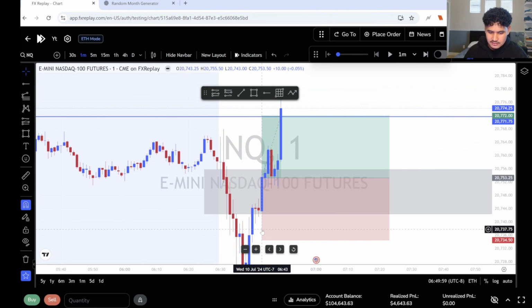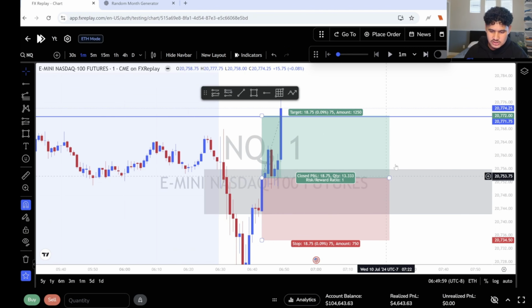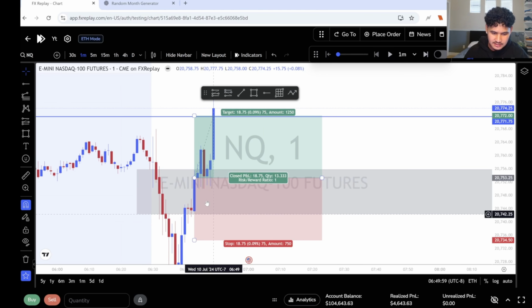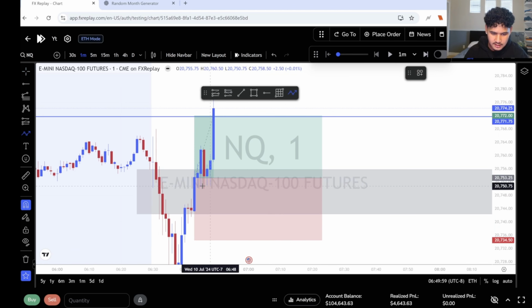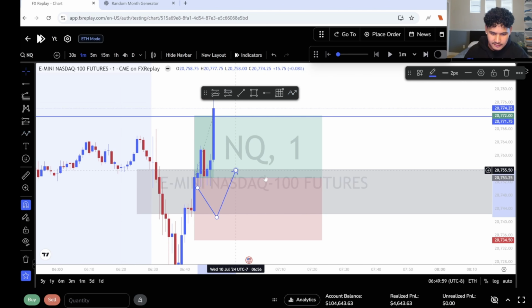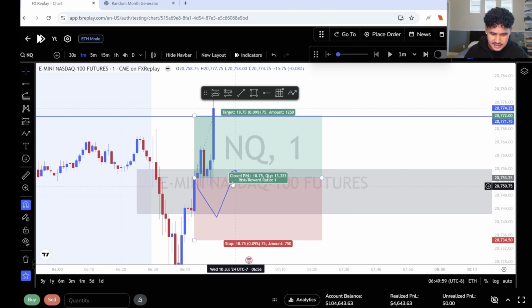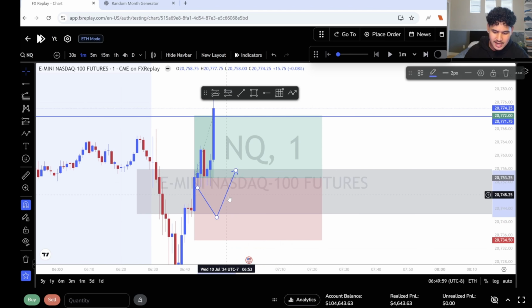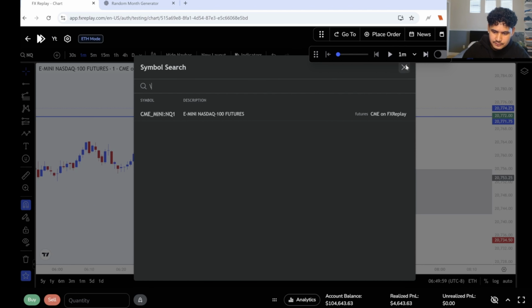And the reason my stop loss is a little bit bigger is just because we really didn't get a retrace like this, something like this. If we had retraced like this and then I entered right here, I would have my stop right here, but we really don't have any internal highs. So I'm kind of entering the trade at the top and I'm giving it room to breathe, to retrace and then go higher.